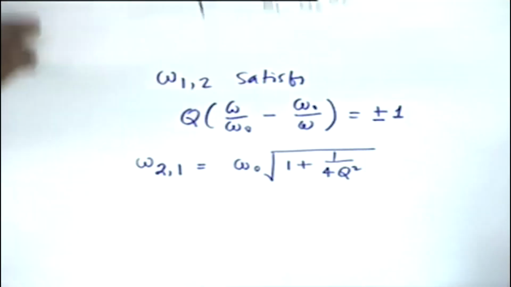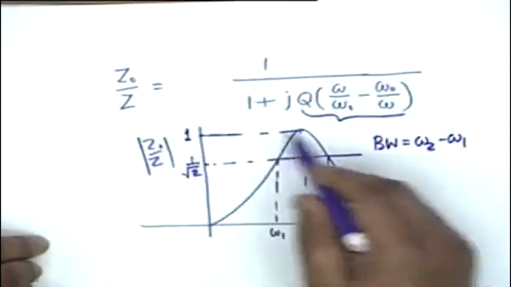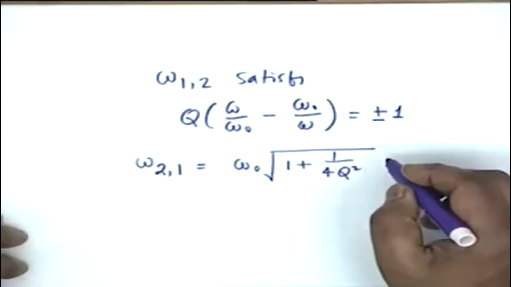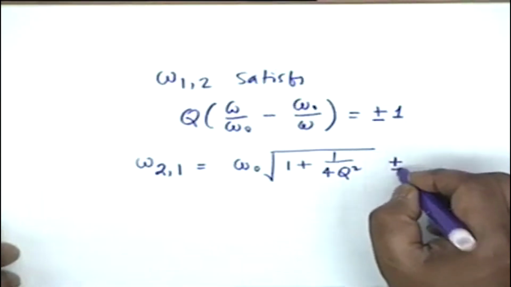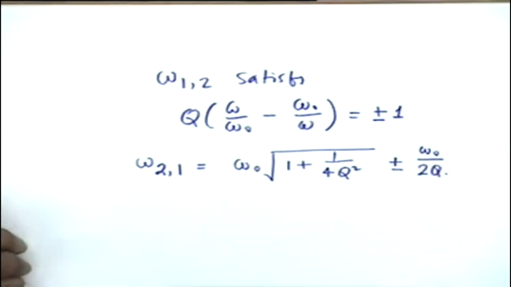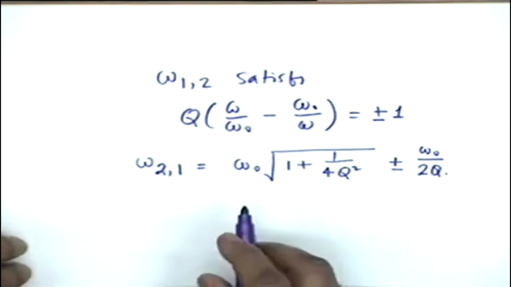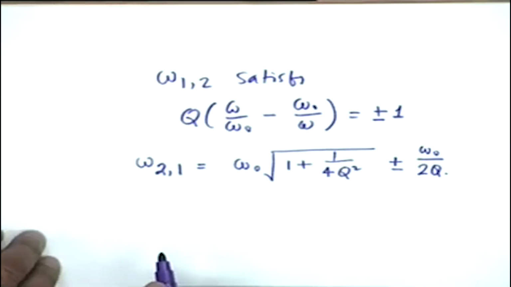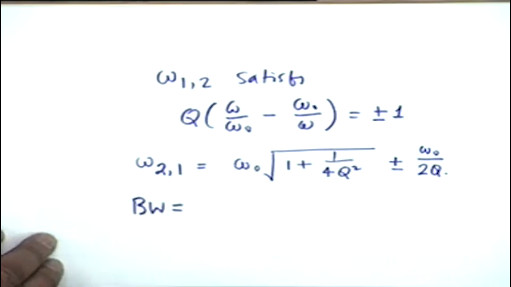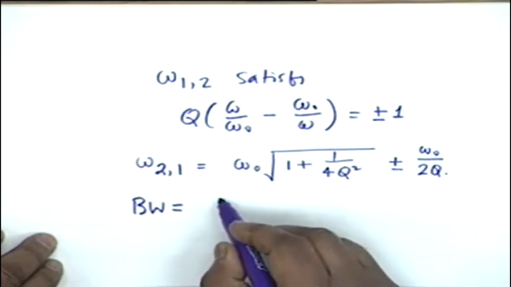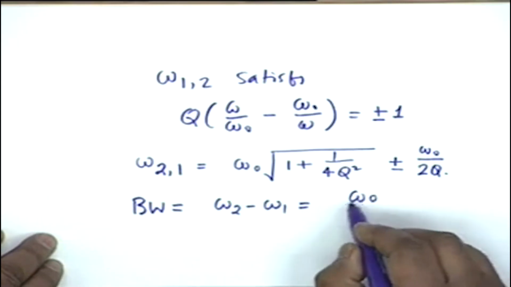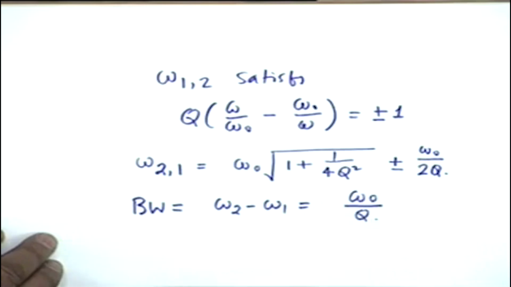Q has already occurred in this dimensionless form. So we find out in terms of Q, plus minus omega naught divided by 2Q. All right, this is the expression. And if you notice, the bandwidth is equal to omega 2 minus omega 1, therefore it is simply omega naught by Q.